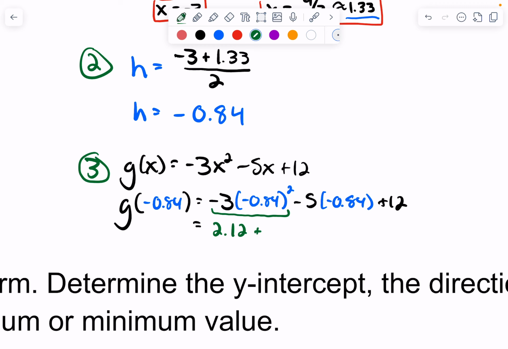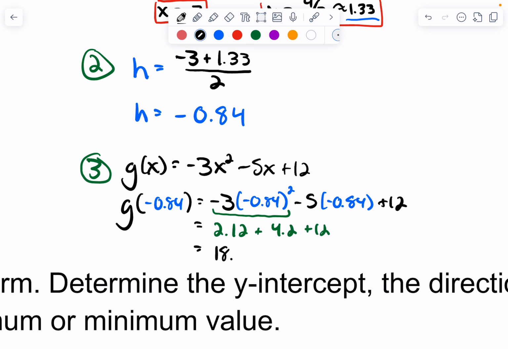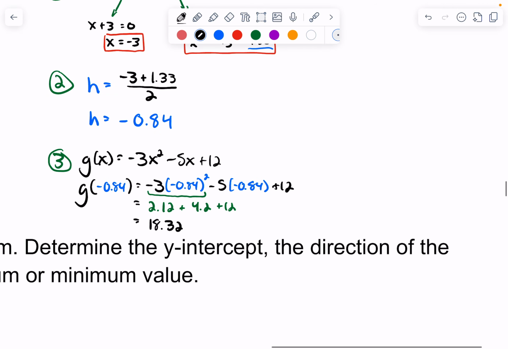So plus 4.2 plus 12. All right, so 2.12 plus 12, you get 18.32. So that right there is your k value.